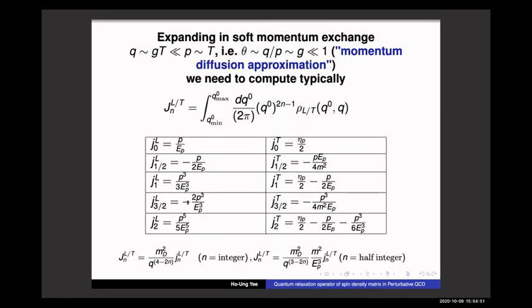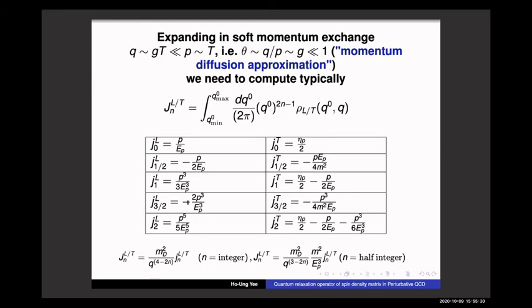Also, this computation typically involves an integration of the spectral density with respect to momentum. I would only like to point out that having a finite mass requires us to actually compute something more than what has already been known in the left column, I'm sorry, what has already been known for the integer n here.